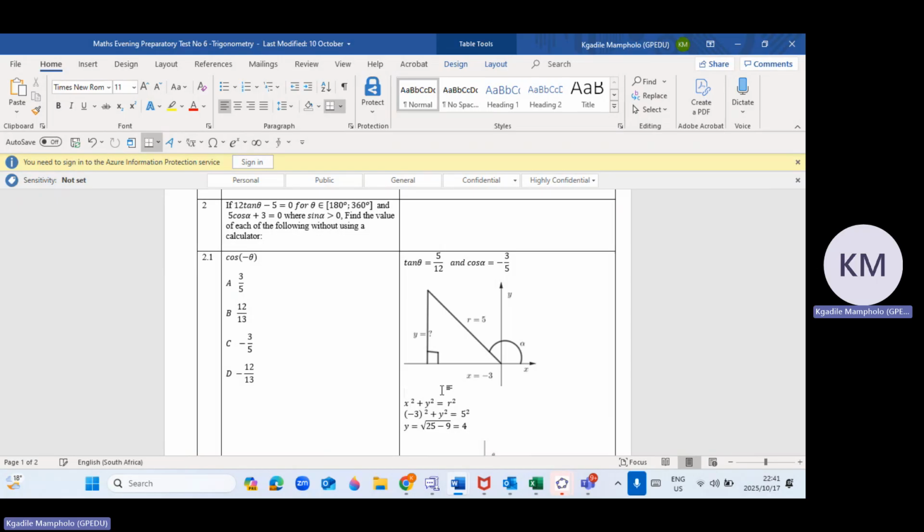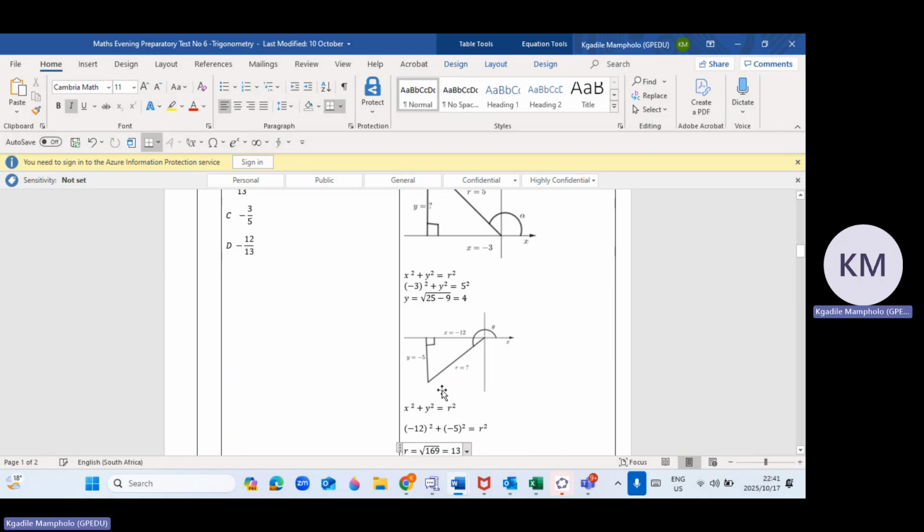Here r is 5. Then when you calculate, you make y the subject of the formula. But since it's in the second quadrant, remember above the x-axis y is positive. So because the diagram here is above the x-axis, it means y will be positive.